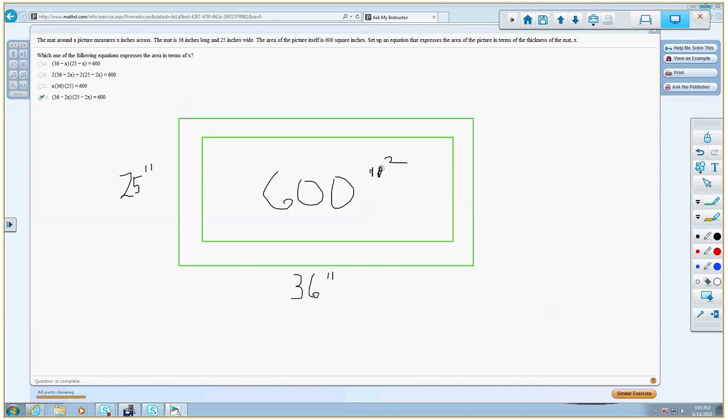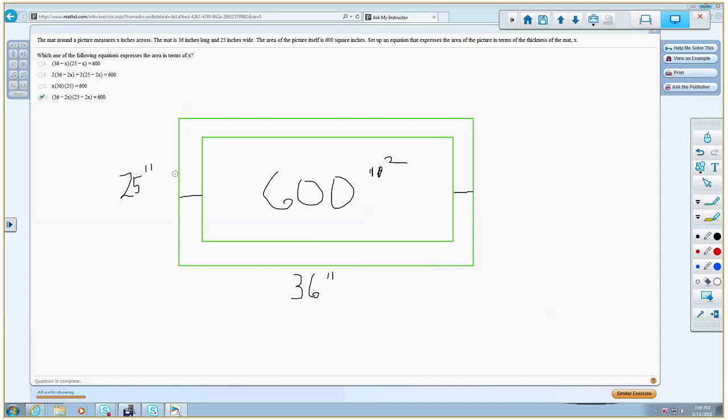Now you know right off the bat that 600 is going to be on the right side of the equal sign because it's the total. And the area is equal to the length times width. Now, what you have to remember is that you're not doing one square, you're doing two rectangles. And that's where the 2x comes from. This 36 is minus this and this. Or you could do it the other way around.